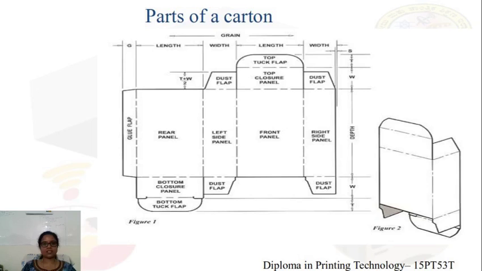This dust flap is related to the front panel as well as the side panels. Also, these nomenclatures and these dimensional measurements are to be considered in designing every folding carton.